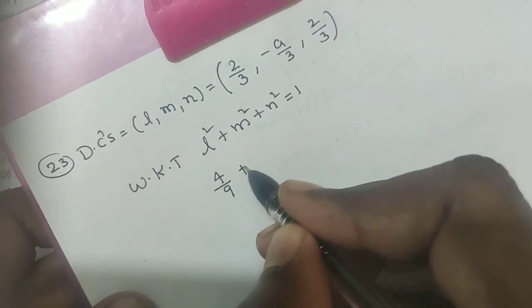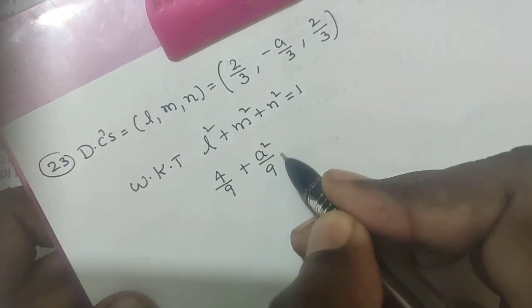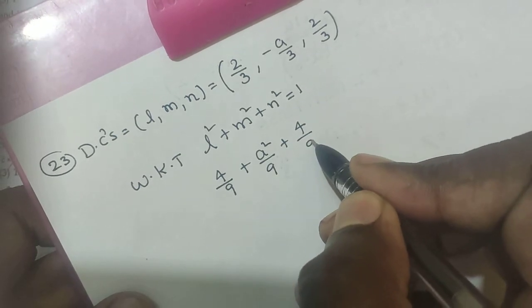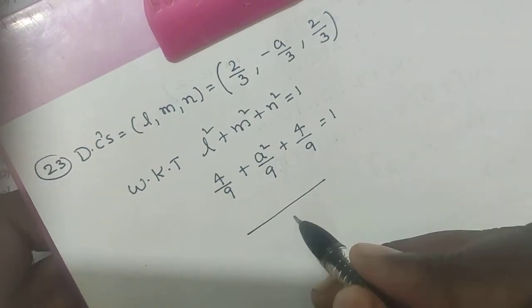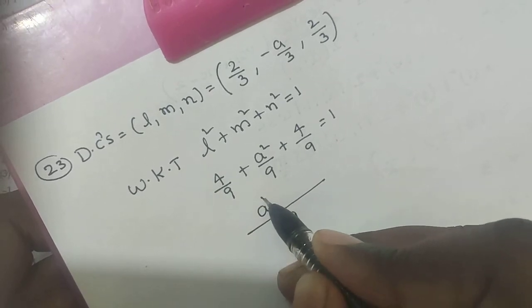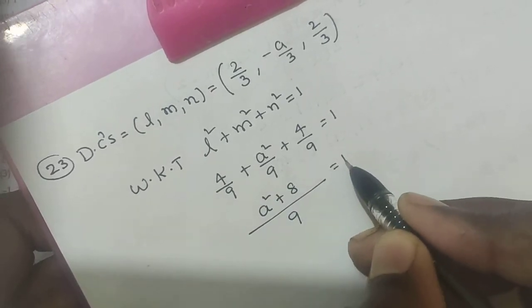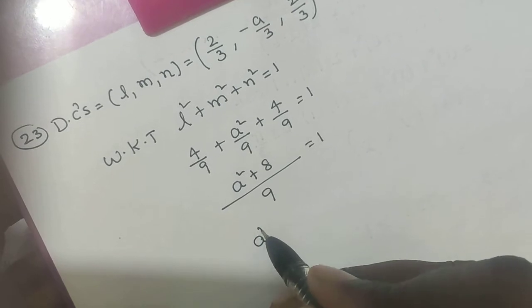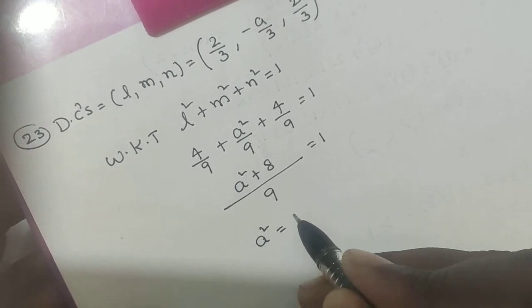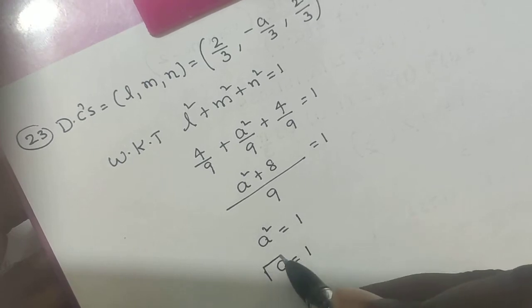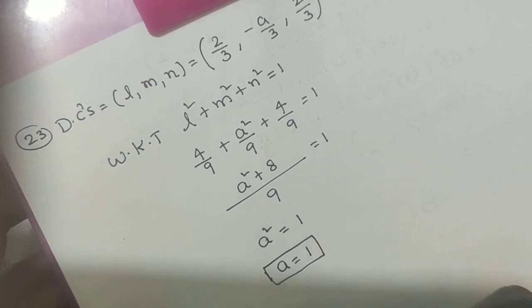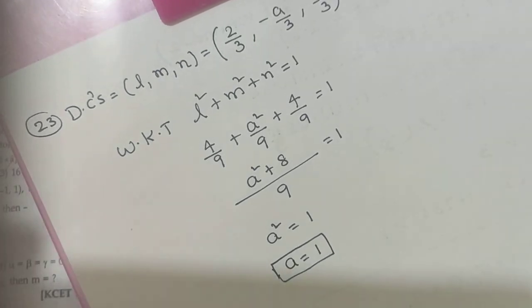Square of A by 3, A square by 9. Square of 2 by 3, 4 by 9 equals to 1. If you take LCM, 9 will be the LCM. Then A square plus 8 equals to 1. Then A square equals to 9 minus 8, 1. A equals to plus or minus, but I am taking plus 1. Why? Because in this condition they mention A value greater than 0.